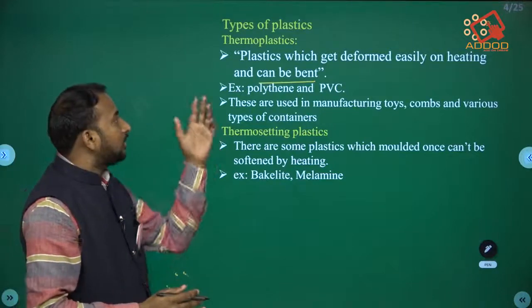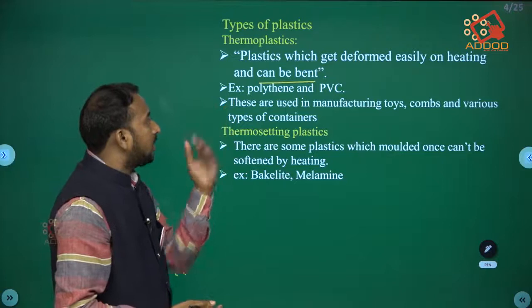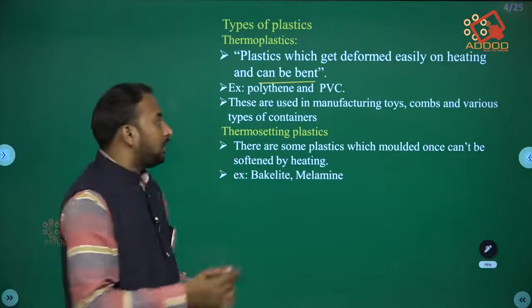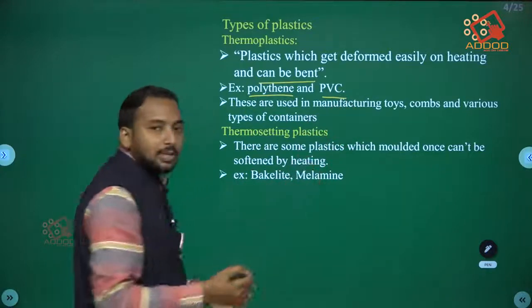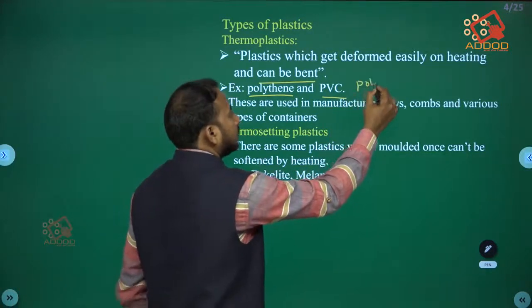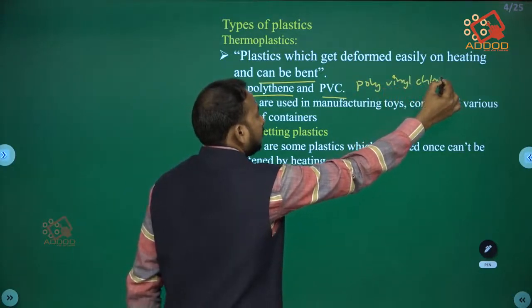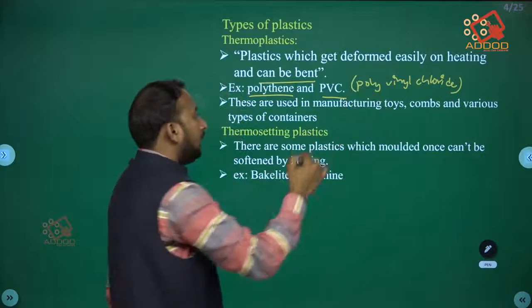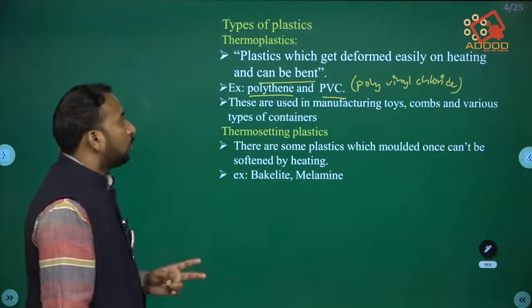Examples of thermoplastics are polythene and PVC. PVC means polyvinyl chloride. These two are examples of thermoplastics.